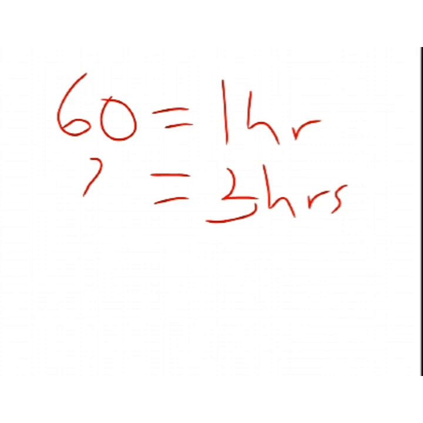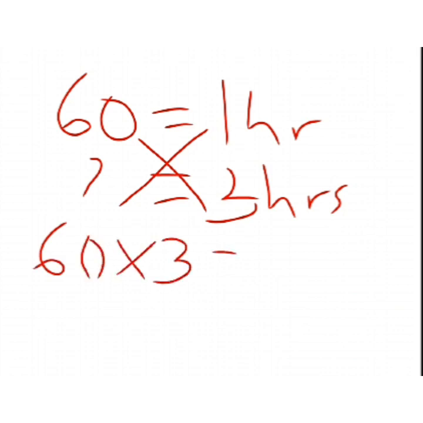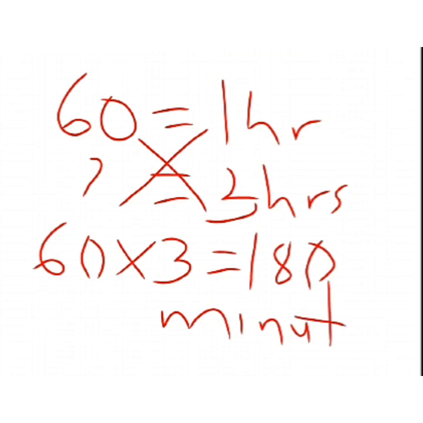So what you simply do, you cross multiply. Therefore, 60 times 3 is equal to what? Can somebody tell me the answer? Of course, 180. What? Oranges? Money? Balls? Boys? No! 180 minutes. Because that's what you were asked for.